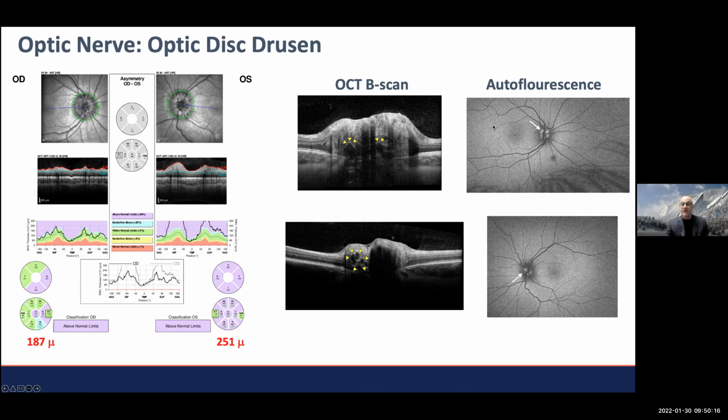And using other technologies such as autofluorescence available on certain OCT machines, you can see these calcium deposits essentially glow within the optic nerve head to help you confirm the entity of why a patient's optic nerve might be swollen.